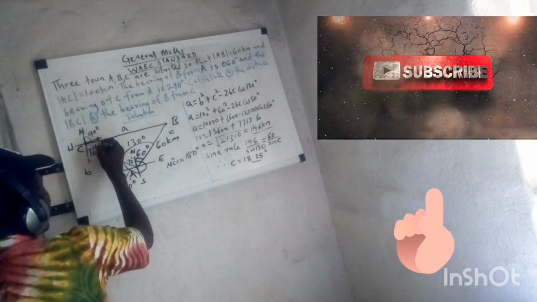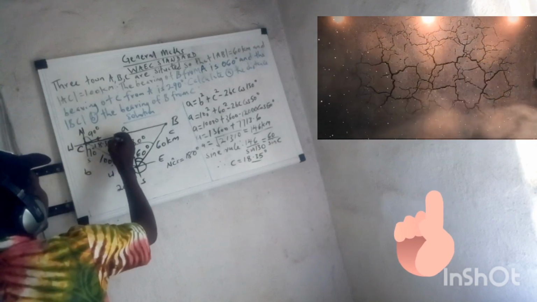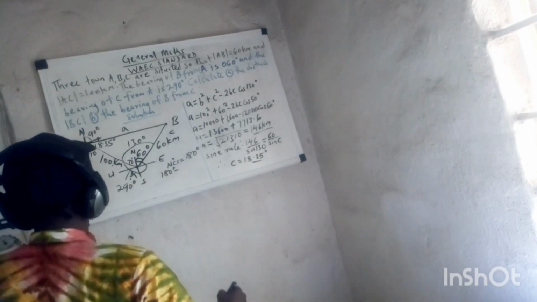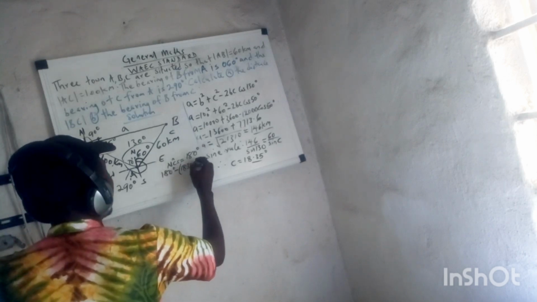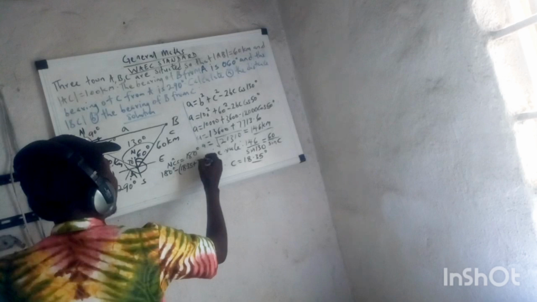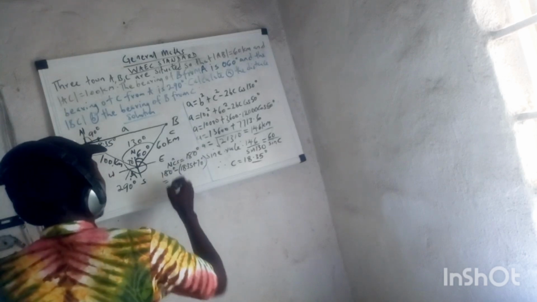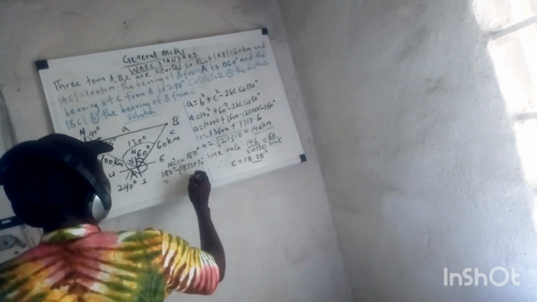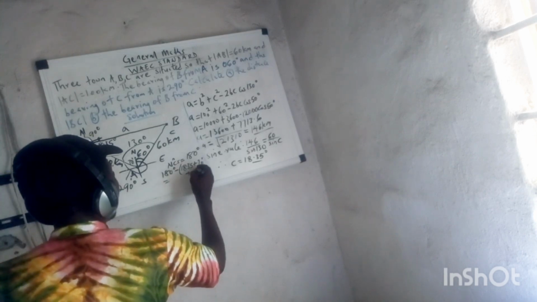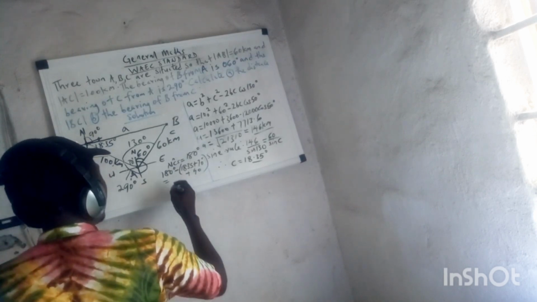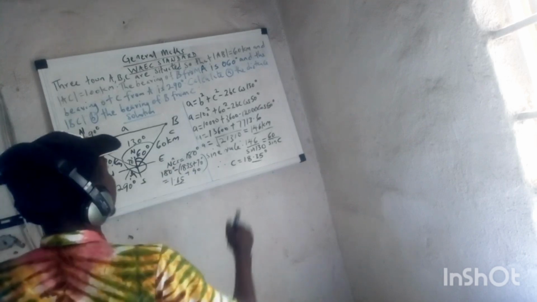And we also know C is 18.35 degrees. 180 degrees minus 18.35 plus 70 degrees plus 90 degrees, you get 1.65.